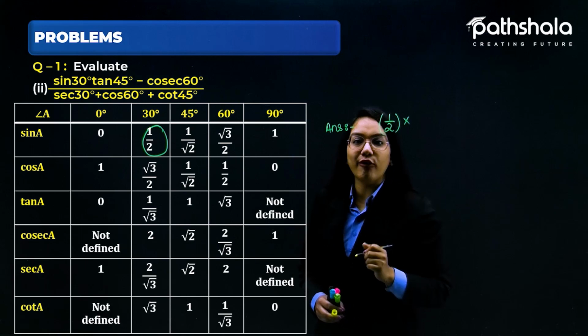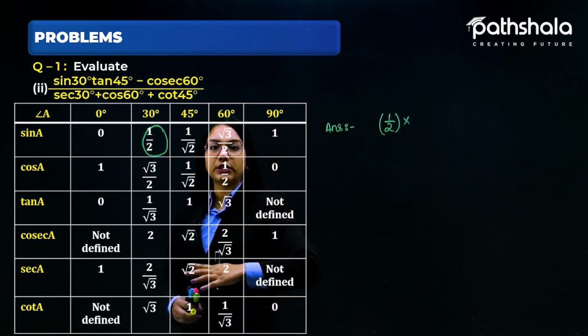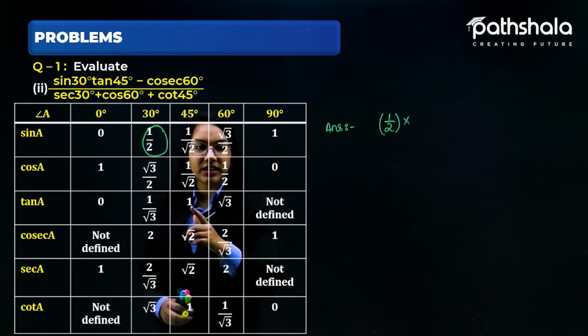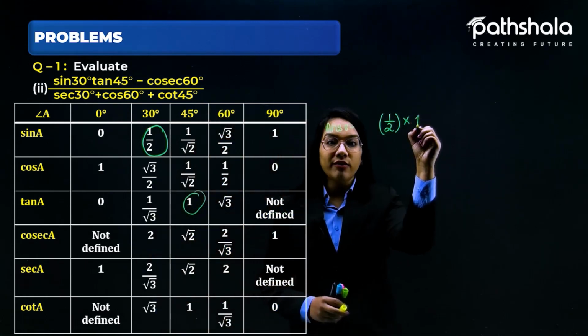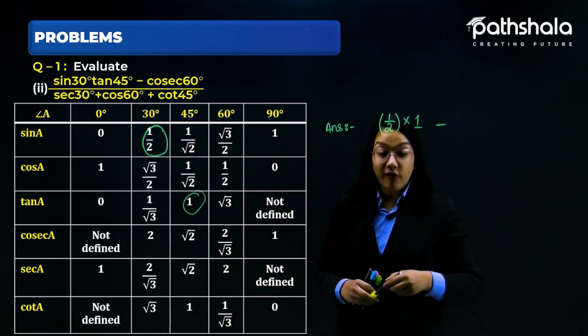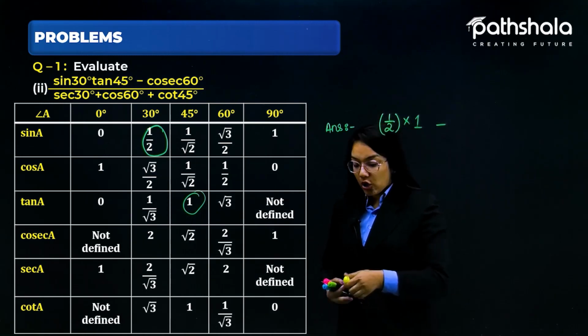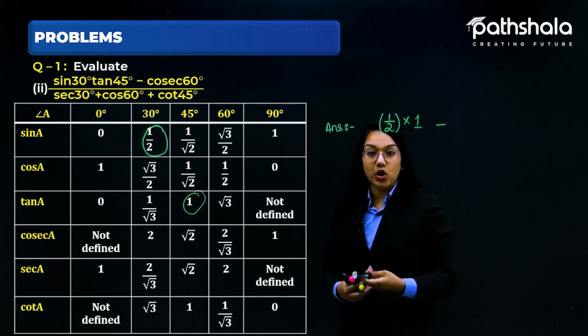Further it says tan of 45 multiplying with sin of 30. As you can see, tan of 45 is nothing but 1. Further we have minus cosec 60 degree. Let's locate cosec 60.